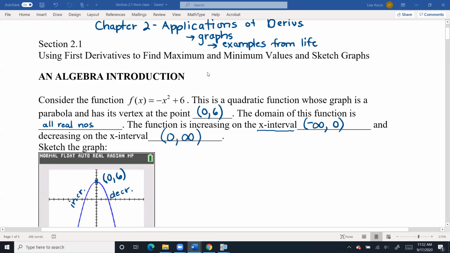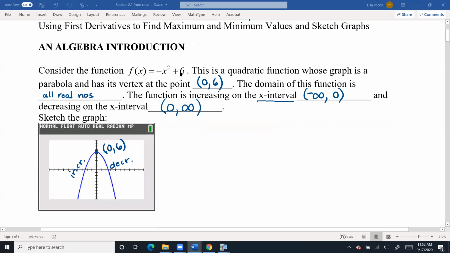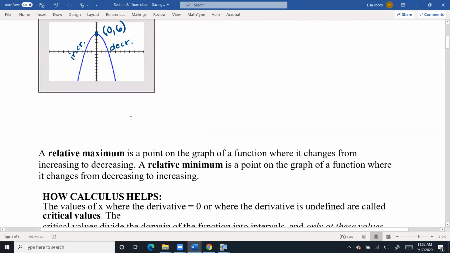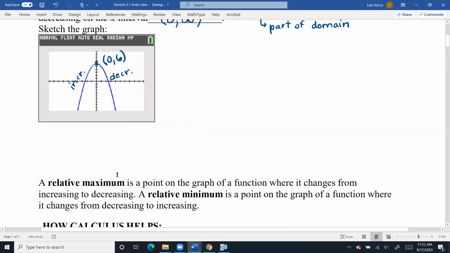So this is what I've been talking about. I graphed the function negative x squared plus 6. I talked about the vertex being at the point 0, 6, and that the function is increasing from negative infinity to 0 and decreasing from 0 to infinity, and that those are x intervals, which are part of the domain. All right. So it turns out that calculus can help us with this. Let me remind you, a relative maximum is a point on the graph of a function where it changes from increasing to decreasing.